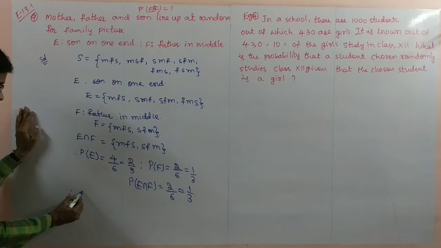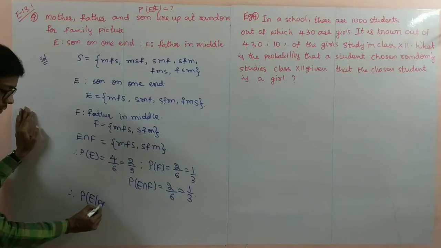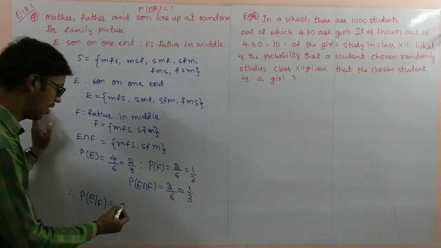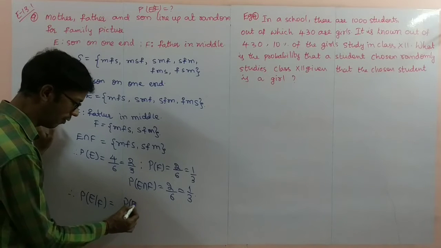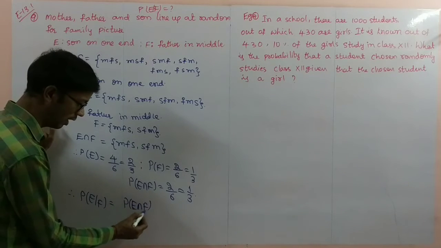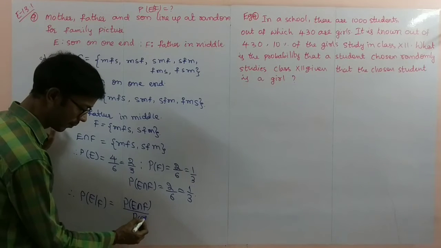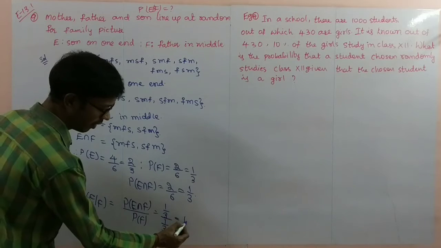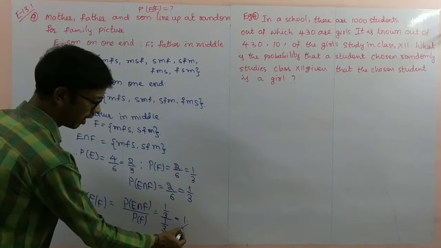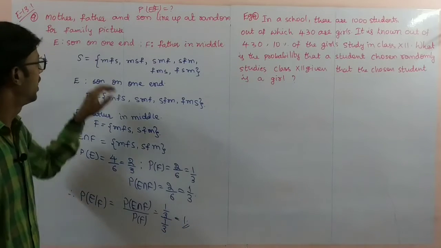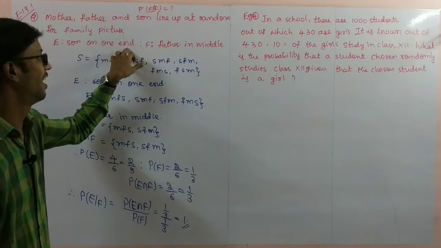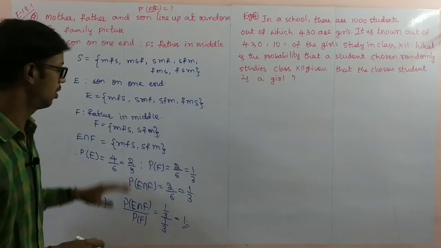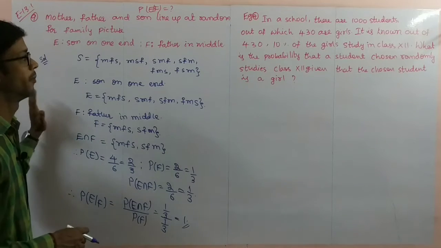Now we have to find P of E by F. The formula is P of E by F equals P of E intersection F by P of F. That is 1 by 3 by 1 by 3, equal to 1. E by F means son on one end, father in the middle already exists.